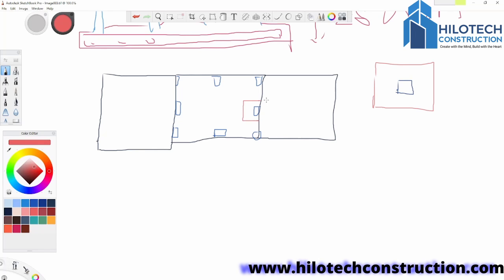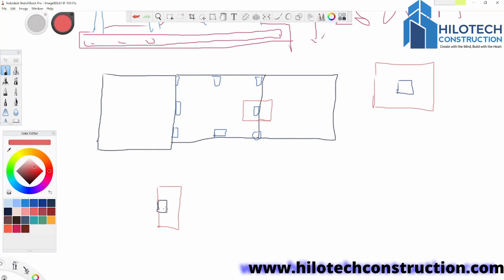But if we go like this, we're going to be entering this other person's property, which is not good, because I don't think anybody will allow you to enter their property because you're constructing your structure. So at the end of the day, we're going to end up having a pillar with a footing halfway like this.